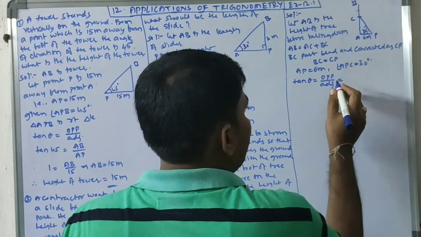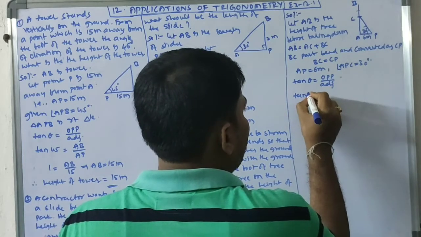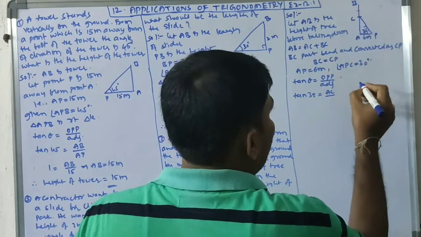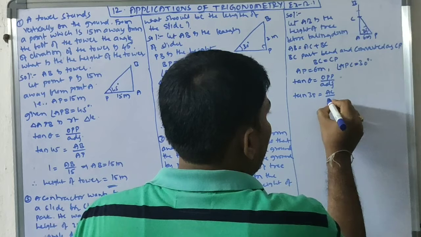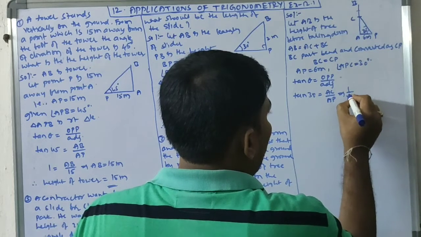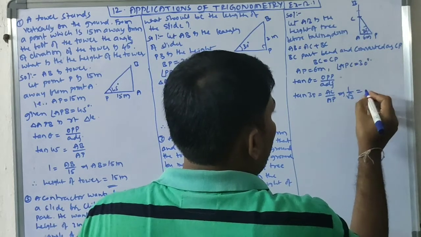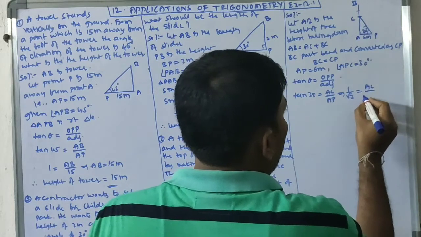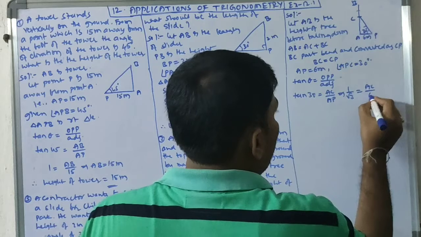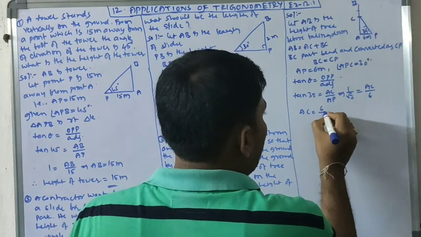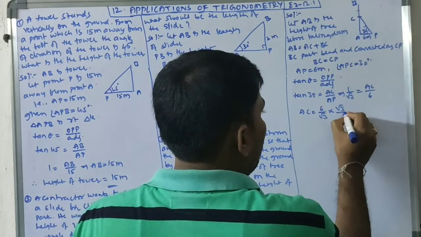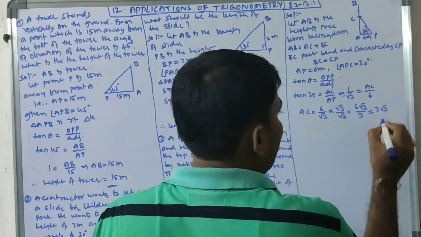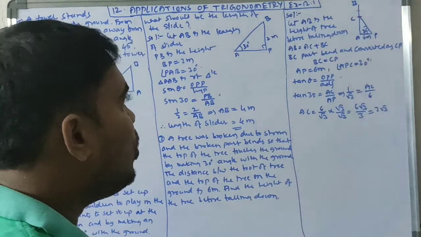Tan 30, opposite equal to AC, adjacent equal to AP. So tan 30 is 1 by root 3 equal to AC by AP. AC we don't know, AP is 6. AC equal to 6 by root 3. Rationalization: root 3 by root 3, 6 root 3 by 3 equal to 2 root 3. So AC equal to 2 root 3.